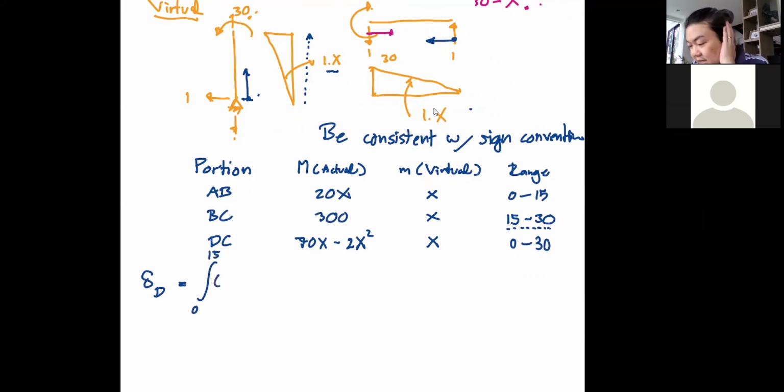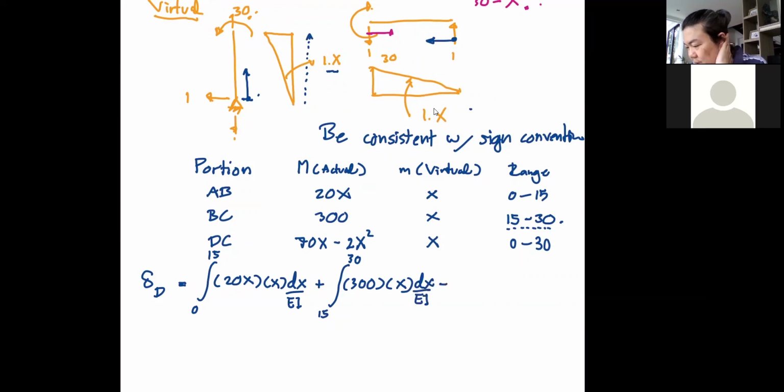The actual load here is 20x multiplied by x, dx over EI. Move on to portion BC. The integral will become 15 to 30, and the equation is 300 and x, actual and virtual, dx over EI.